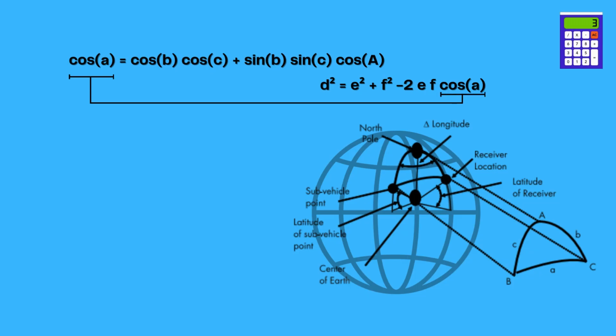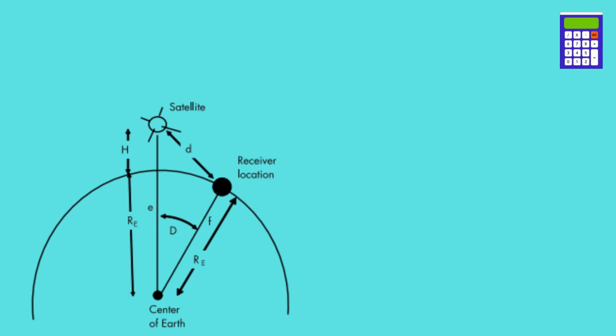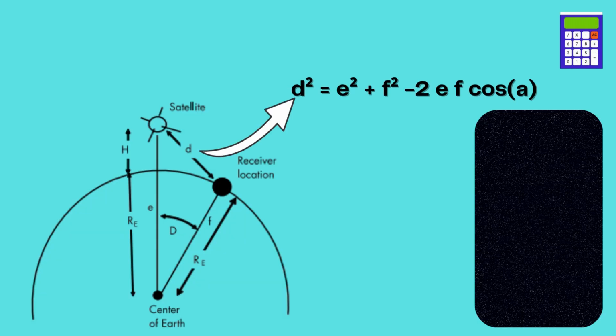These sides are angles, which can be found by this equation for cosine A. By solving these calculations using the known values, we find the much anticipated distance between these 2 points.